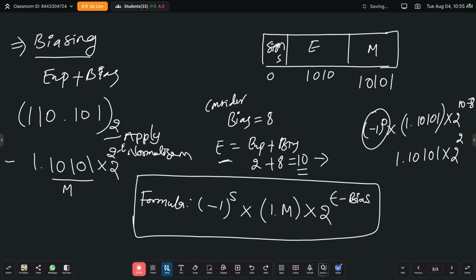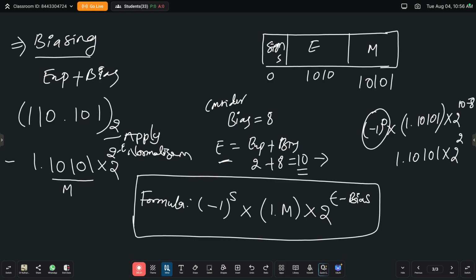Now this is the fraction point position. Whenever you do the fraction point position, you can move your decimal point from left to right, or right to left. But the power of two is going to vary. Yes or no? For multiple representations, you should find one representation with the help of normalization.